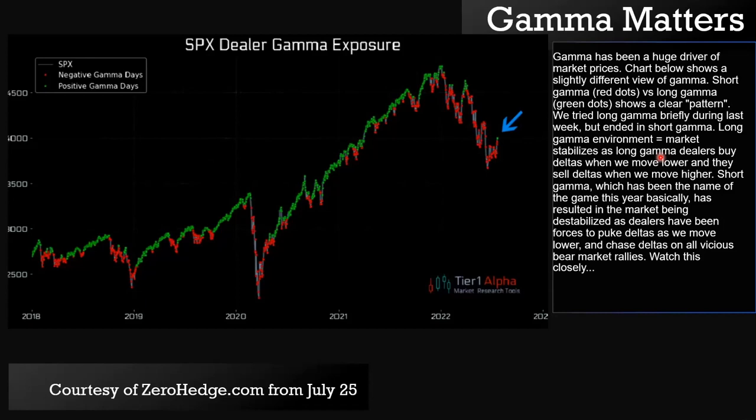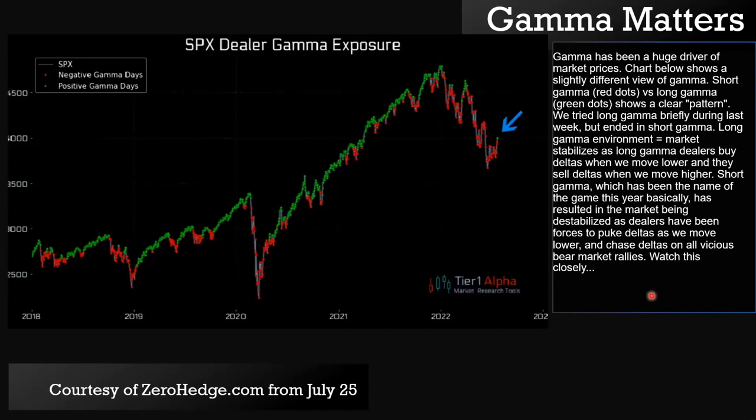The chart shows when the days were in long gamma, and the red dots show short gamma. The long gamma environment is basically the market being stabilized, and what happens is the prices mean revert. In other words, we have a lot of stability. We don't have these huge moves.